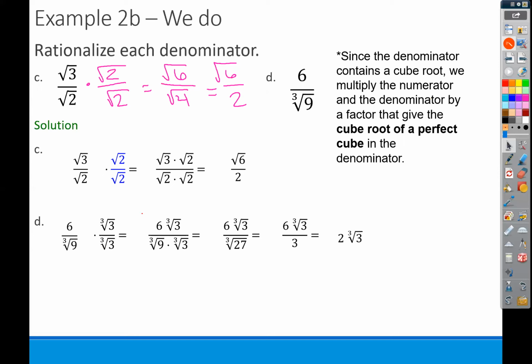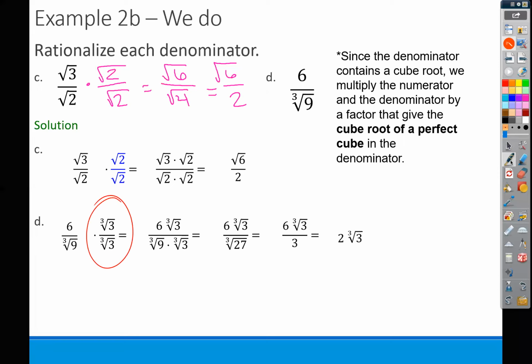Okay, now let me explain why they're doing 3 square root of 3. Okay, so you have 6 times the cube root of 9, right? Well, we know that a perfect cube, watch, let me show you how we can kind of break this down. 9 is 3 times 3, right? Well, what do we need to complete another one of those?